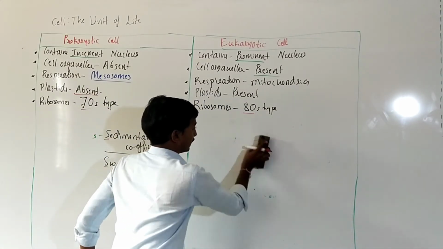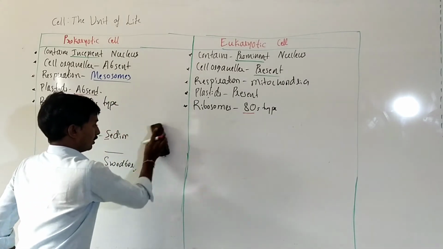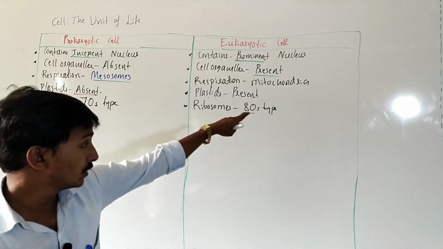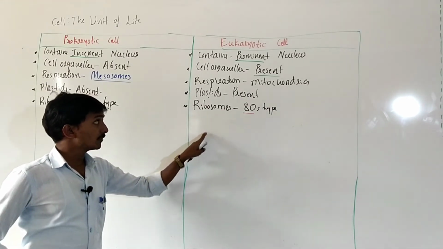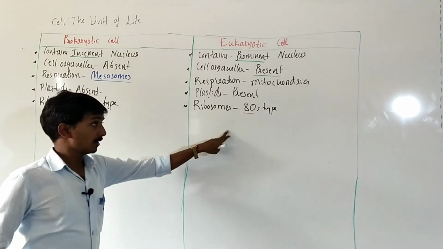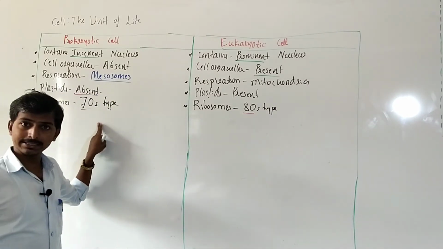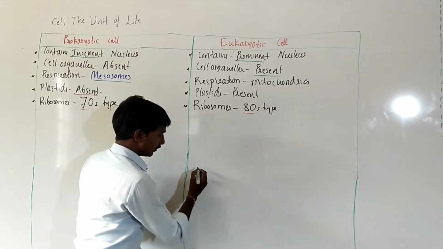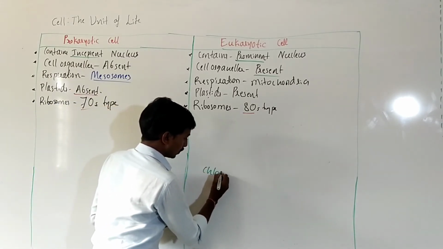Right. Then, either prokaryote or eukaryote, some of the eukaryotes, like plants, prepare food by photosynthesis. Some of the prokaryotes also perform photosynthesis. For photosynthesis, there is a need of the pigment called chlorophyll.